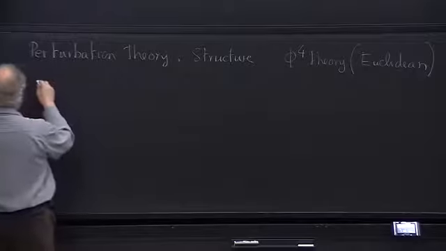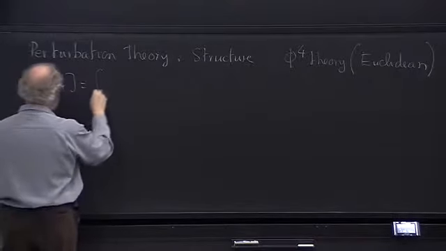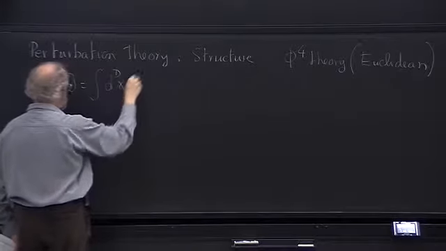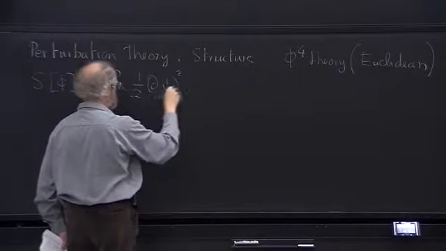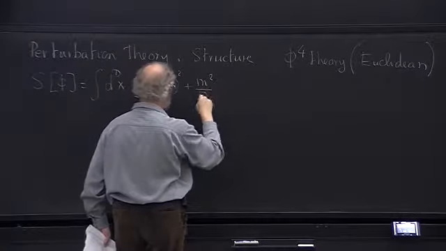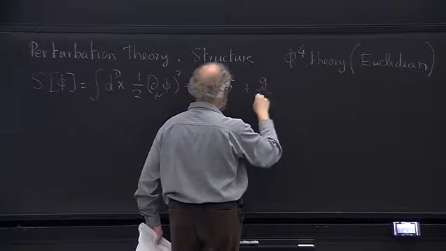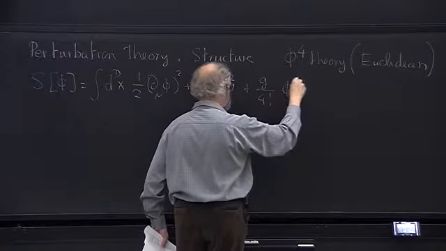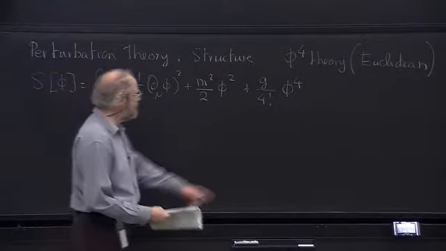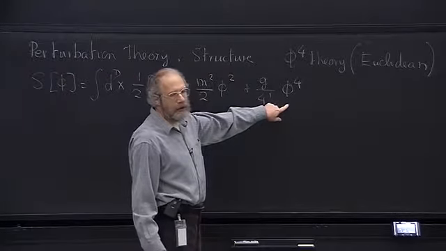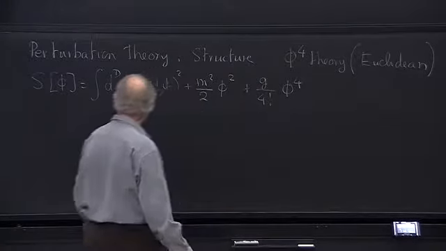We start from the phi-4 theory, which is defined by the action, as usual, the action for a free, massive, free field. We had an interaction which is proportional to phi-4, and we have seen that this corresponds to having a contact repulsive interaction between the quanta of the free field.